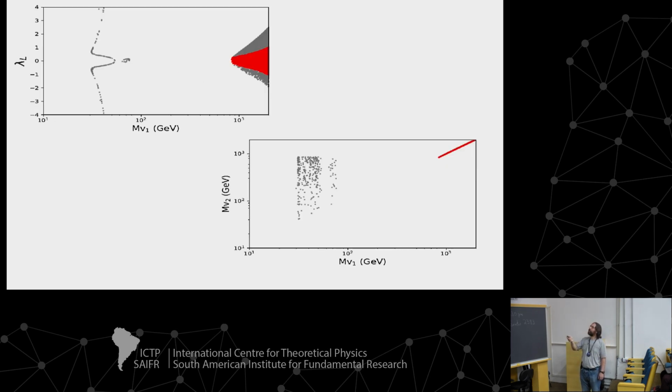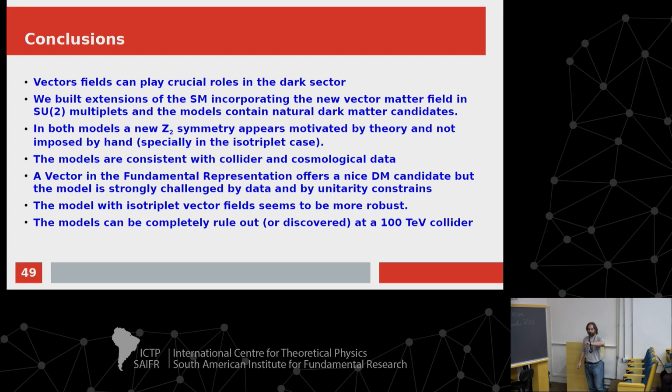This red point represents the region of saturation of the relic density. So I come to my conclusions.